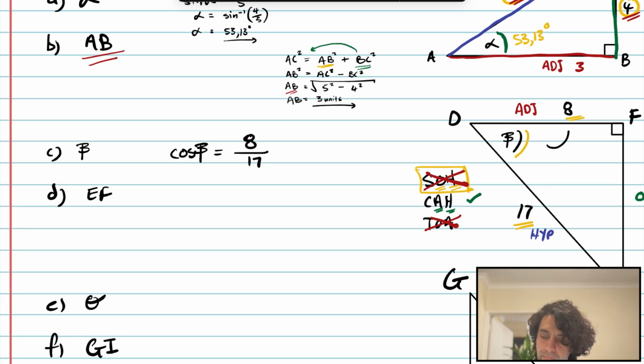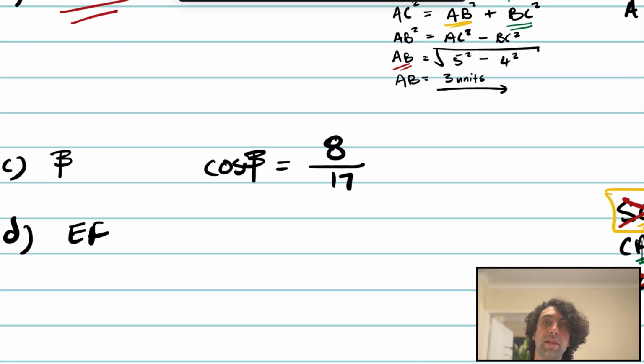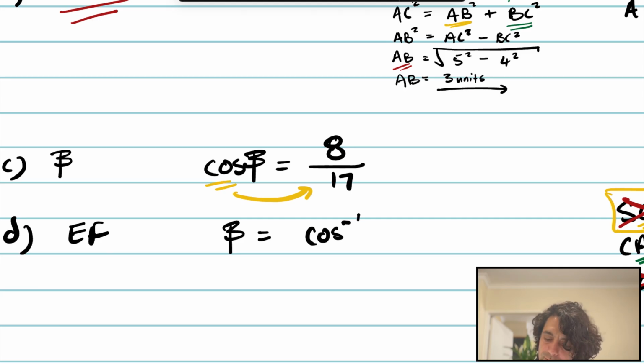Okay? Now, I need to know what the angle beta is. So I need to take off this cos, bring it over to the other side, and have beta as the subject of my formula. Beta is going to equal cos negative 1, open bracket, 8 over 17, close bracket.